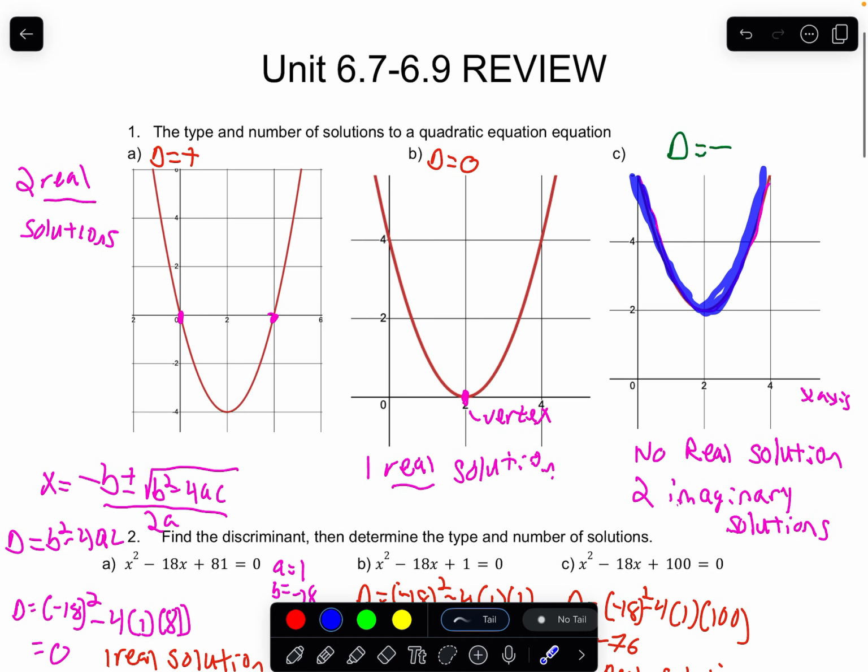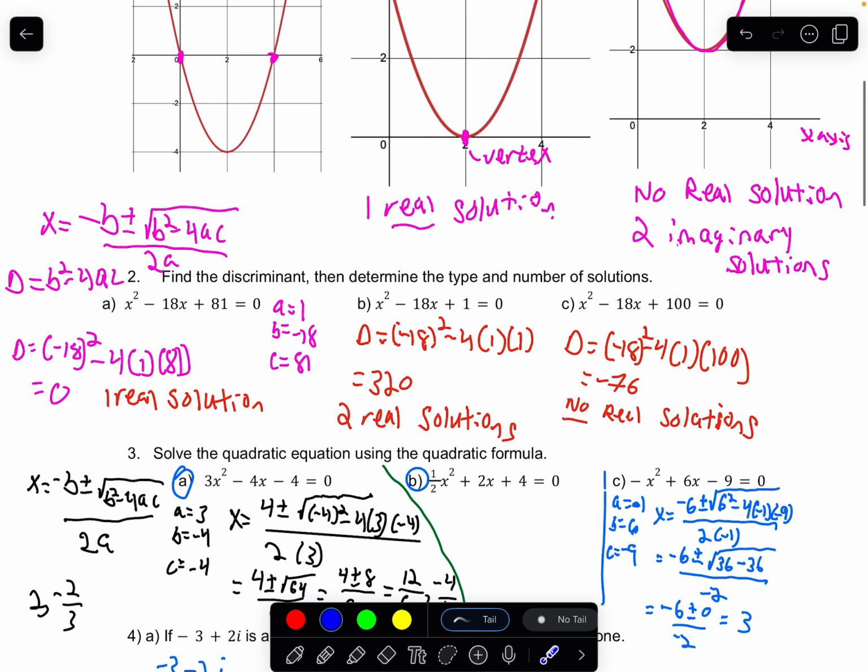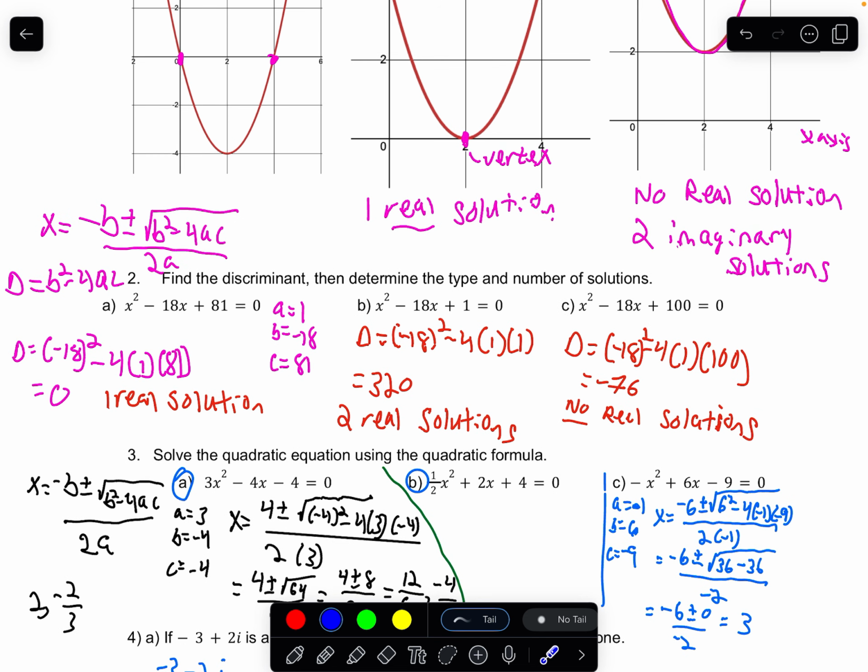All right, this is all based off the quadratic formula, which I will have on the board. x equals the opposite of b, plus or minus the square root of b squared minus 4ac, all over 2a. The second question will be, given an equation, can you find the discriminant and then determine the type and number of solutions? The discriminant is just whatever is underneath the radical, which is b squared minus 4ac.